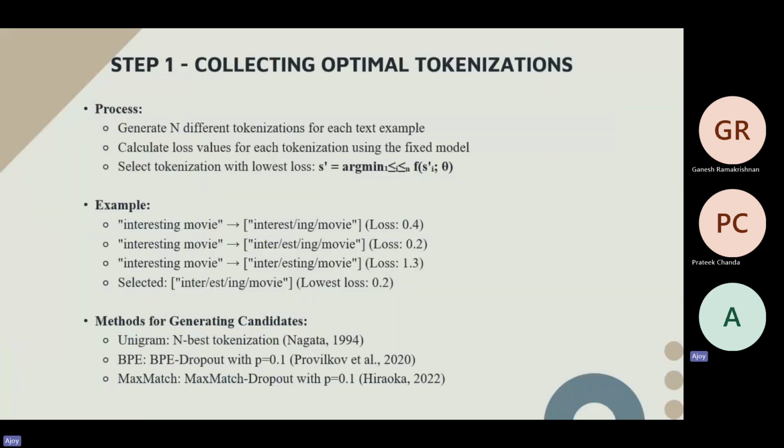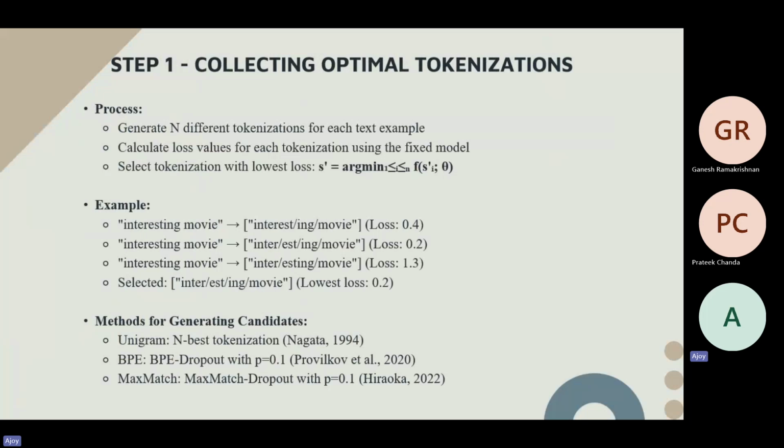The first step is collecting the optimal tokenizations. We generate n different tokenizations for a text sample in the dataset. Here you can see interesting movie. This is the loss generated by the existing model.